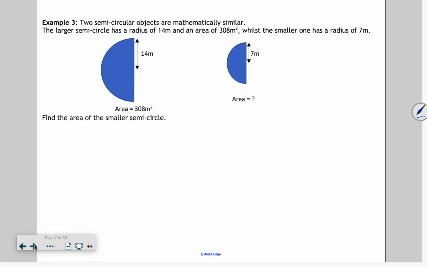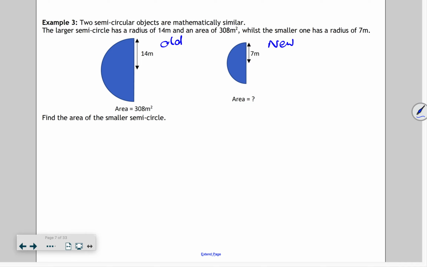So let's forget the fact that we're dealing with semicircles, because I know you could go ahead and just do a half pi r squared for this. That's there just to prove that it works out. So let's see what's happening here. Now, the new shape is the one that has the question mark. That's where we want to work out the area. So that's the new, and this one here is the old.